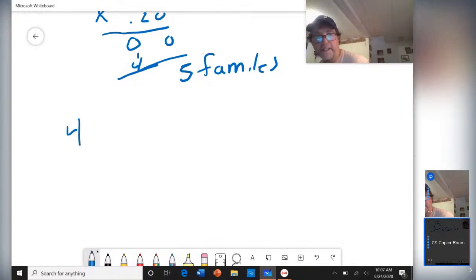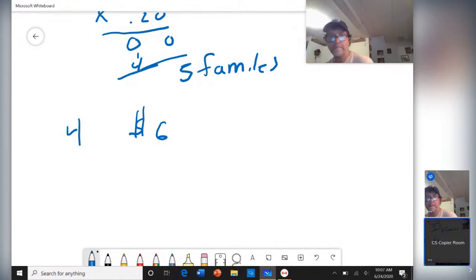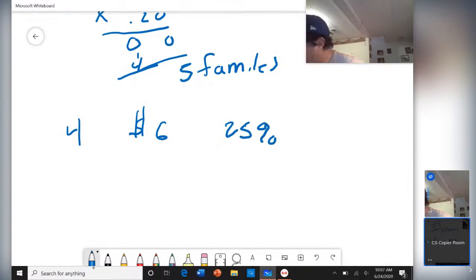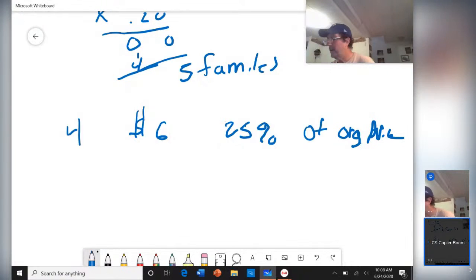Okay, so it says the local department store sweaters have been reduced to $6. And this price is 25% of the original price. Okay. So this number right here, 25%, is 1/4. Okay.